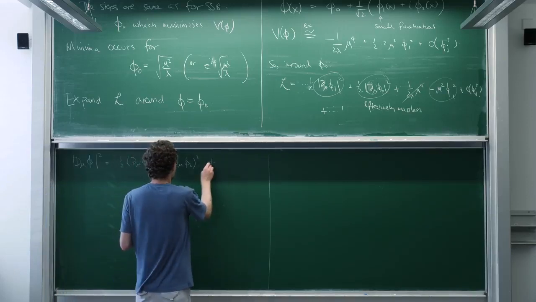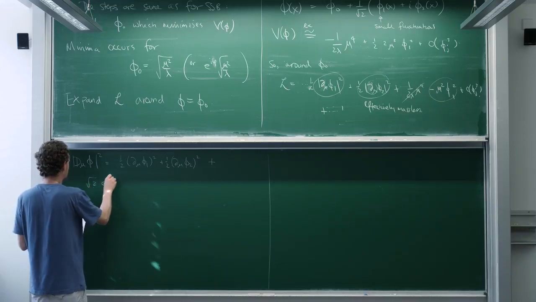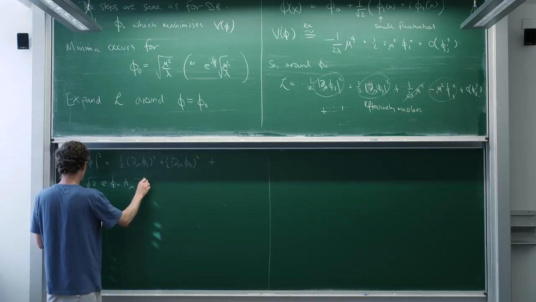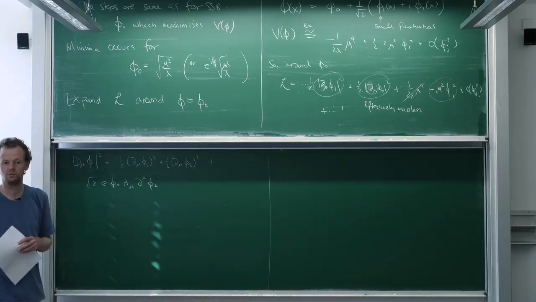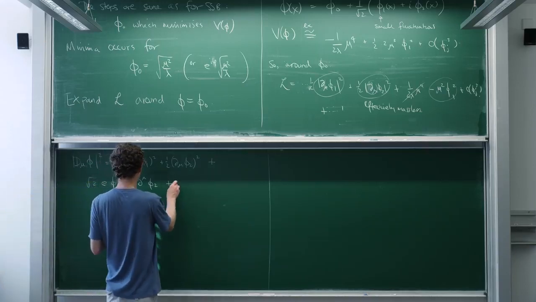And then we're going to get the interesting stuff. E phi naught A mu d mu phi 2. Okay, it's a new looking term. And the really interesting term comes next.